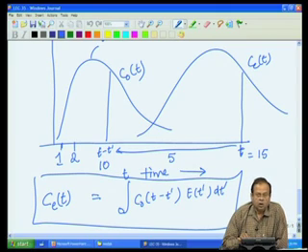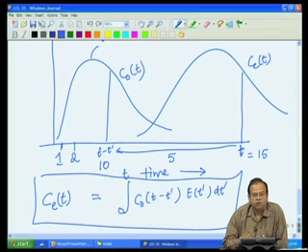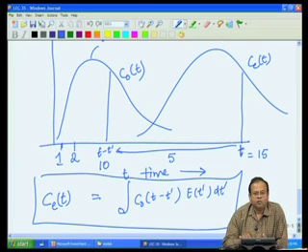I can expect what I have put in at 1 minute, which has a residence time of 14 minutes before it comes out, or what I have put in at 2 minutes and has a residence time of 13 minutes. Or in other words, I can expect that what comes out is a result of what I have put in at time t minus t prime, which has spent time t prime in the reactor.